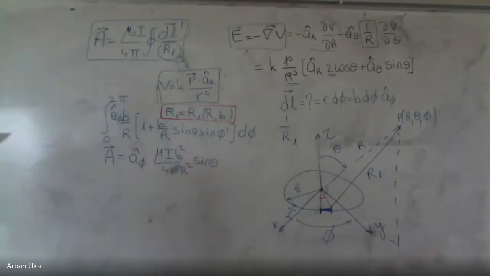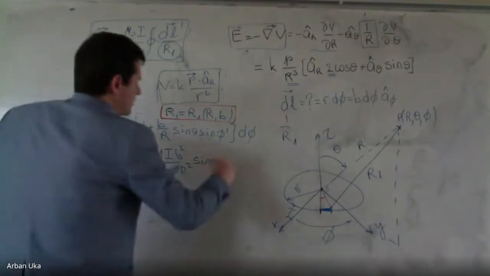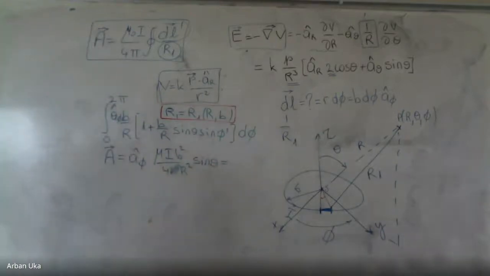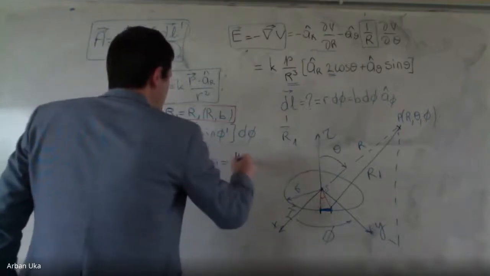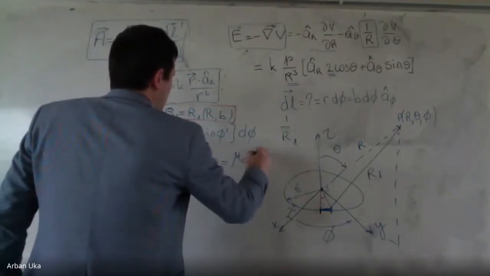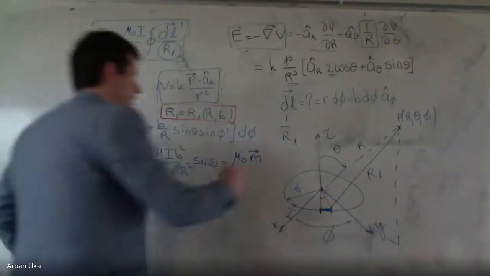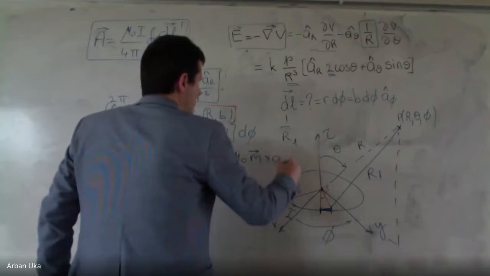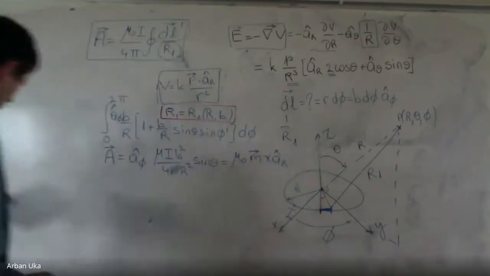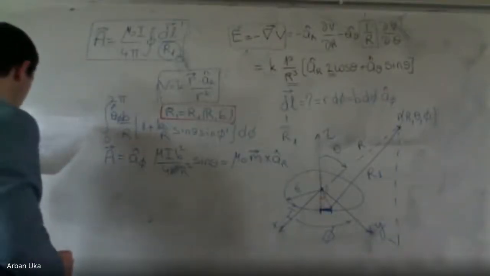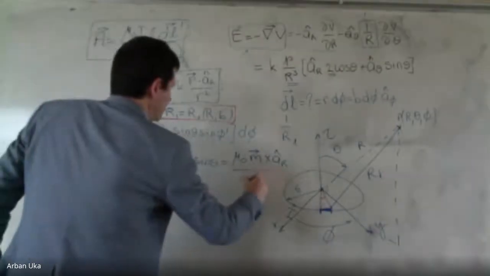Now, we can also do a recollection of some terms, and we can write this whole thing as mu 0 m cross product with a R over 4 pi r squared.